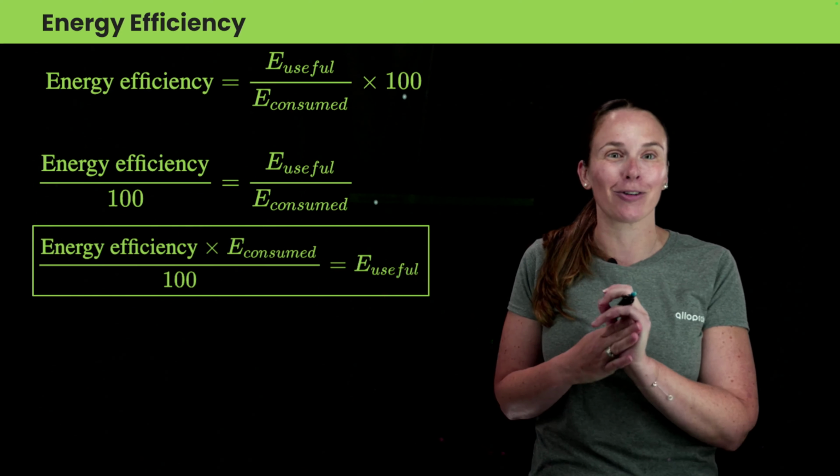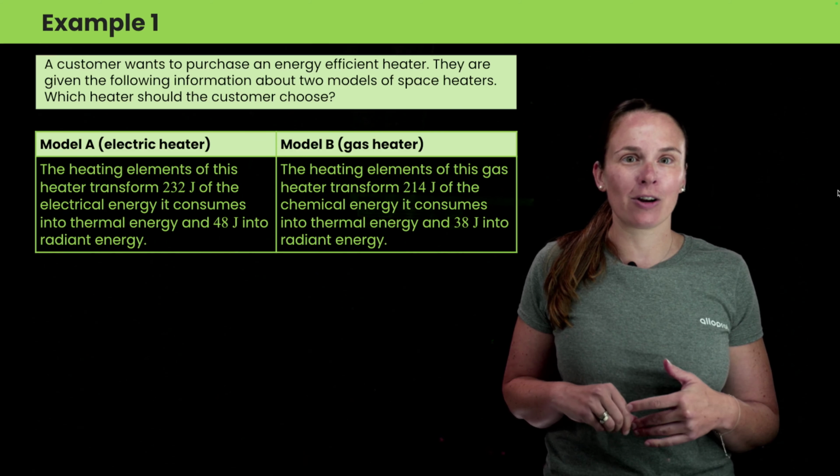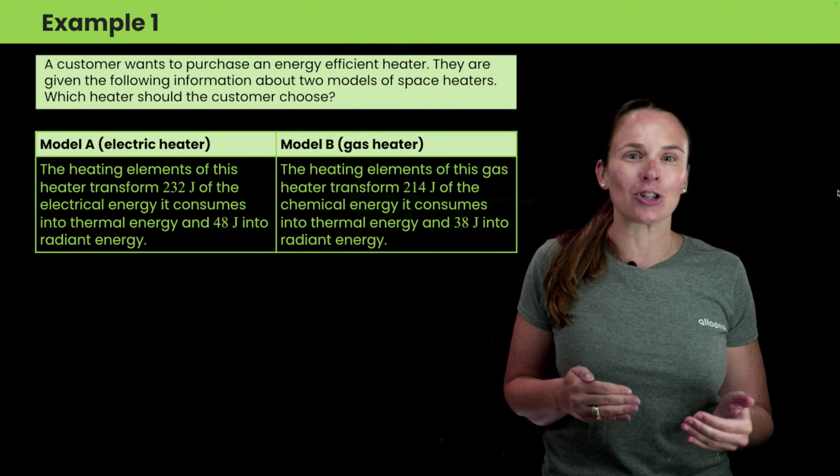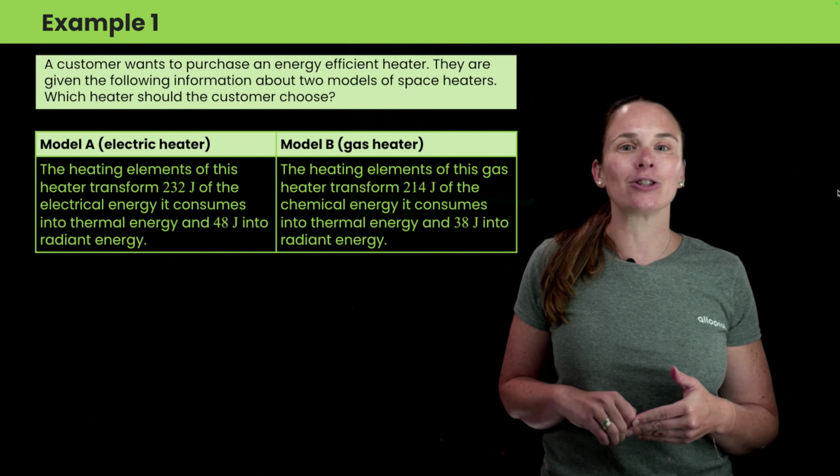Model A has heating elements that transform 232 joules of the electrical energy it consumes into thermal energy and 48 joules into radiant energy. So that's our first choice. And then the second choice is model B. The heating elements of this gas heater transform 214 joules of the chemical energy it consumes into thermal energy and 38 joules into radiant energy.